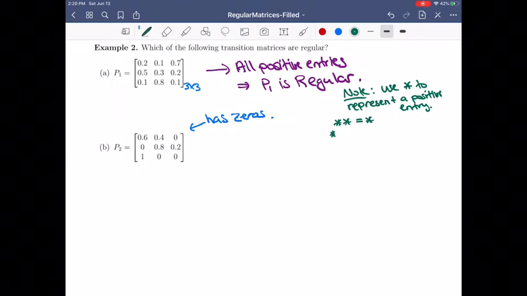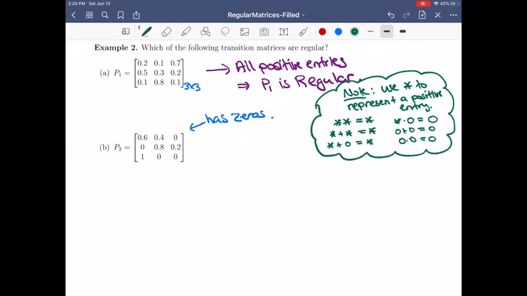A positive number plus a positive number is still positive. A positive number plus 0 is also positive. A positive number times a 0 is 0. A 0 plus a 0 is 0, and a 0 times a 0 is 0.